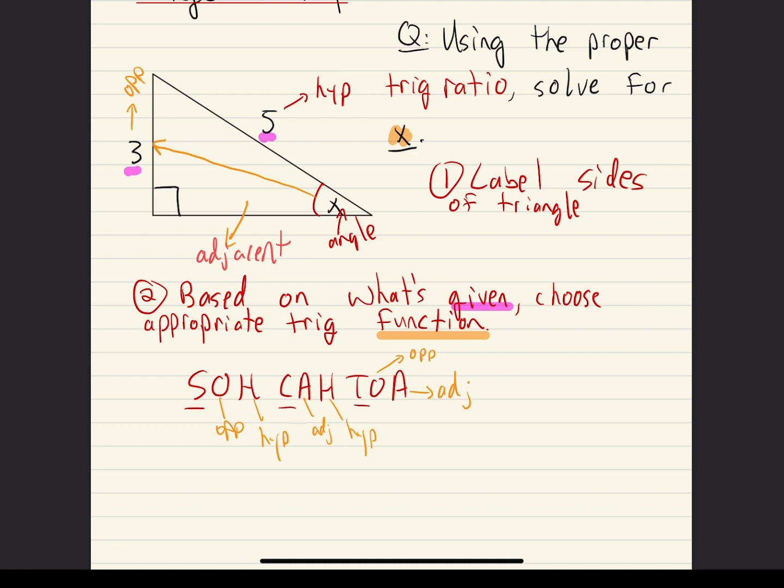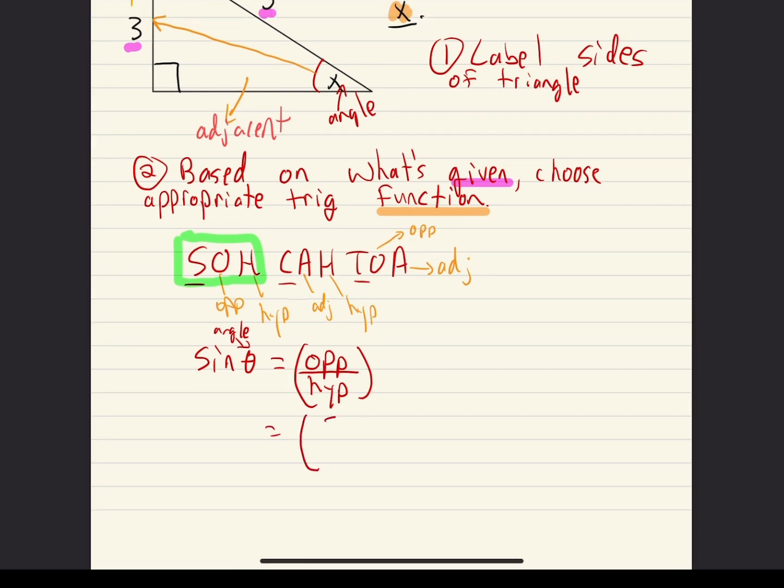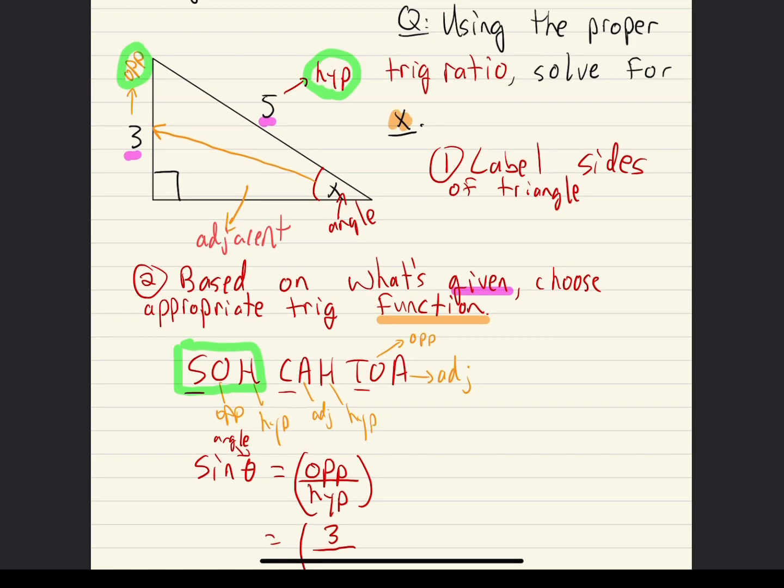When we look back at our triangle, we can see that we're given the hypotenuse and the opposite over here. So that would make sine the appropriate formula to use. So we're going to write sine theta, and theta just refers to the angle that we're going to find, in this case x. Sine theta is equal to opposite over hypotenuse, which in this case, the opposite is the 3, and the hypotenuse is the 5.